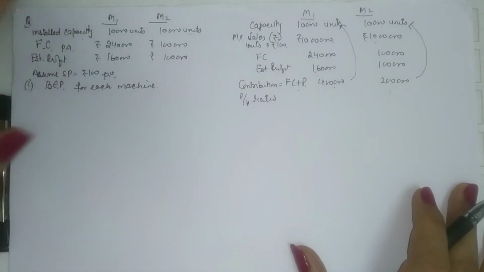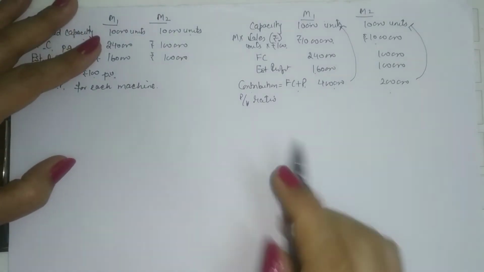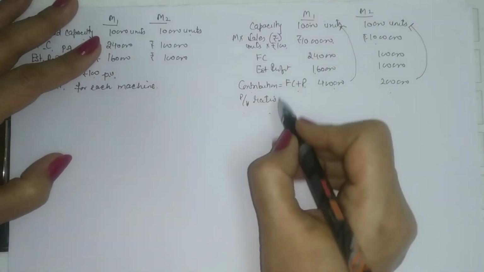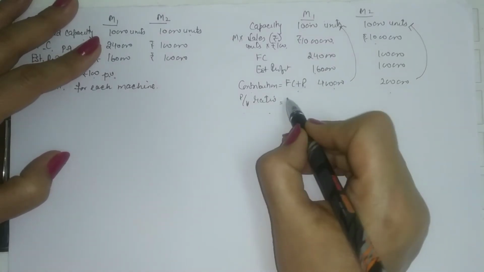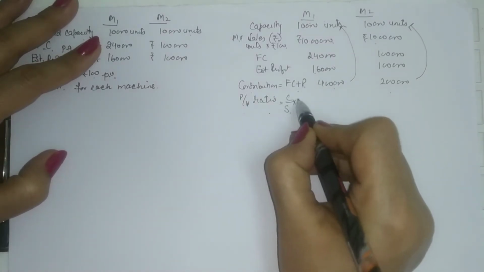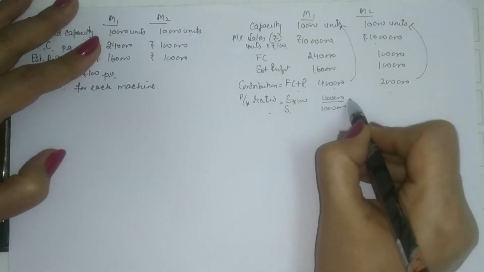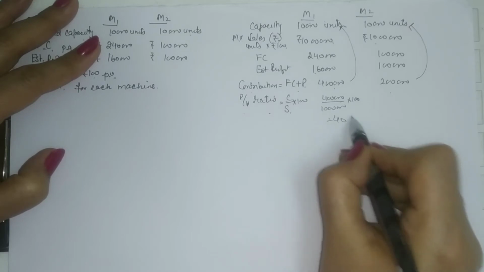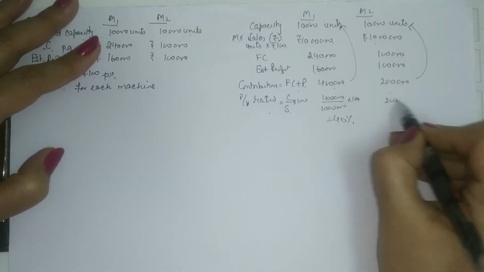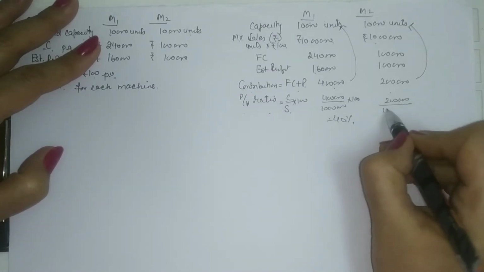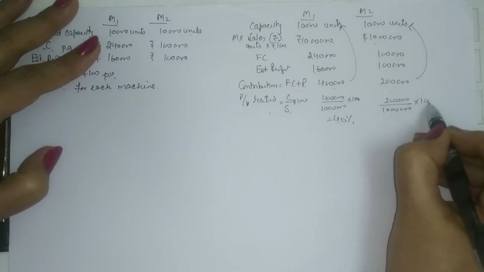But if we want to calculate amounts in rupee terms, we can make PV ratio. So let us solve PV ratio. It is contribution upon sales into 100. So 4 lakh upon sales 10 lakh into 100, so 40%. Okay, so now you are understanding why we are having a choice here. We need to make a decision.